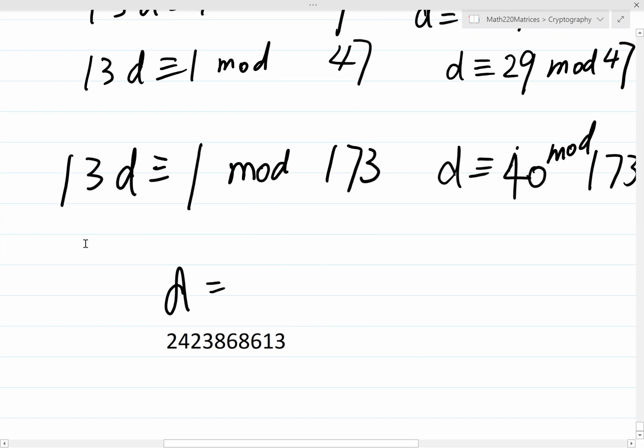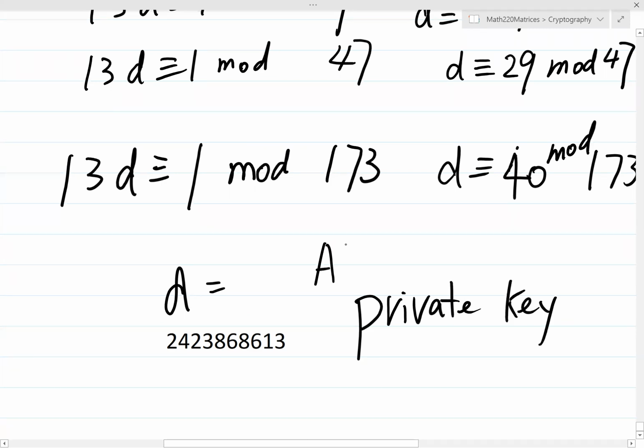We have the private key, which is kept private by Alice.